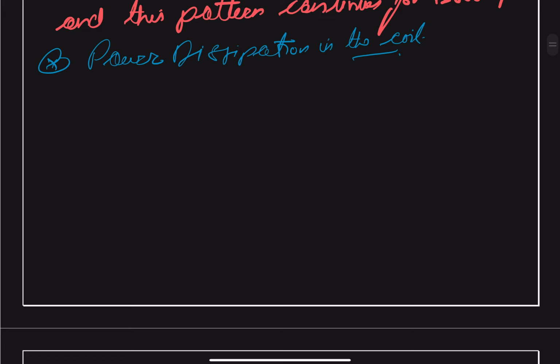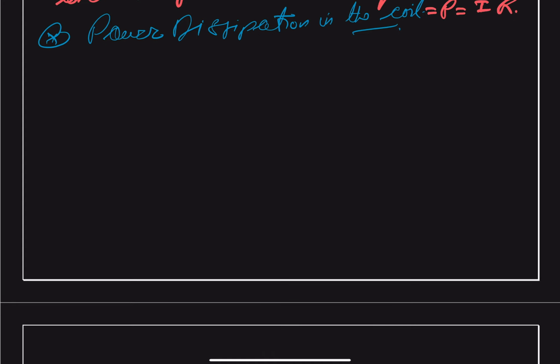If it is represented P, then P is equal to I squared multiplied by R. We already know the value of current as well as the resistance. So we can say that power will be equal to 1.25 whole squared multiplied by 1.6, and this gives us 2.5 watts.